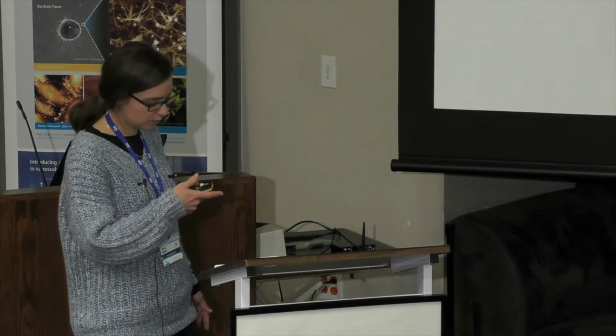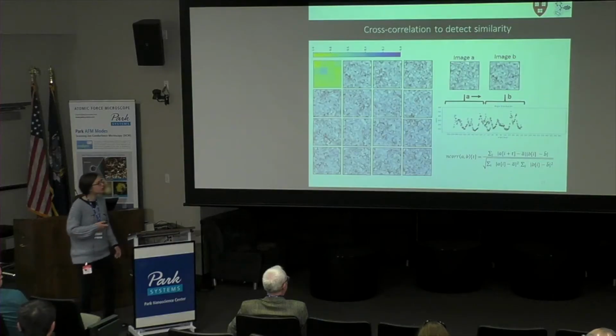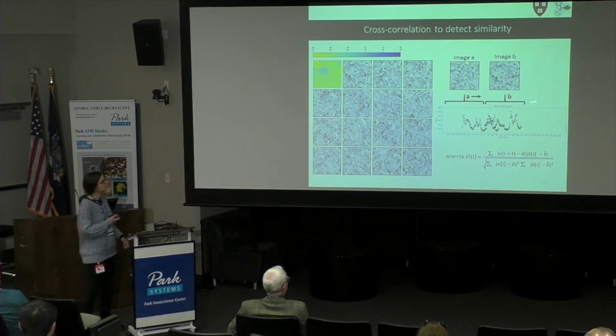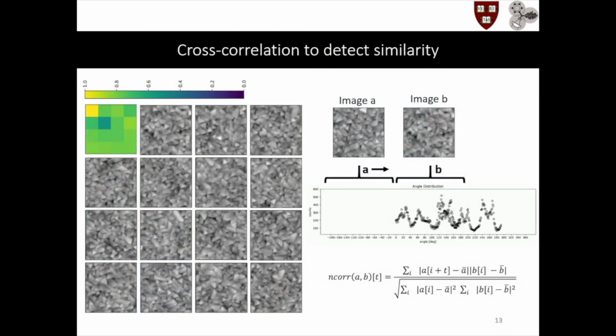To do that, I used cross correlation between the different angle distributions. So you have an image A and an image B, and each of them has a certain distribution. The cross correlation is simply like scanning one of the distributions over the other and finding the best match.